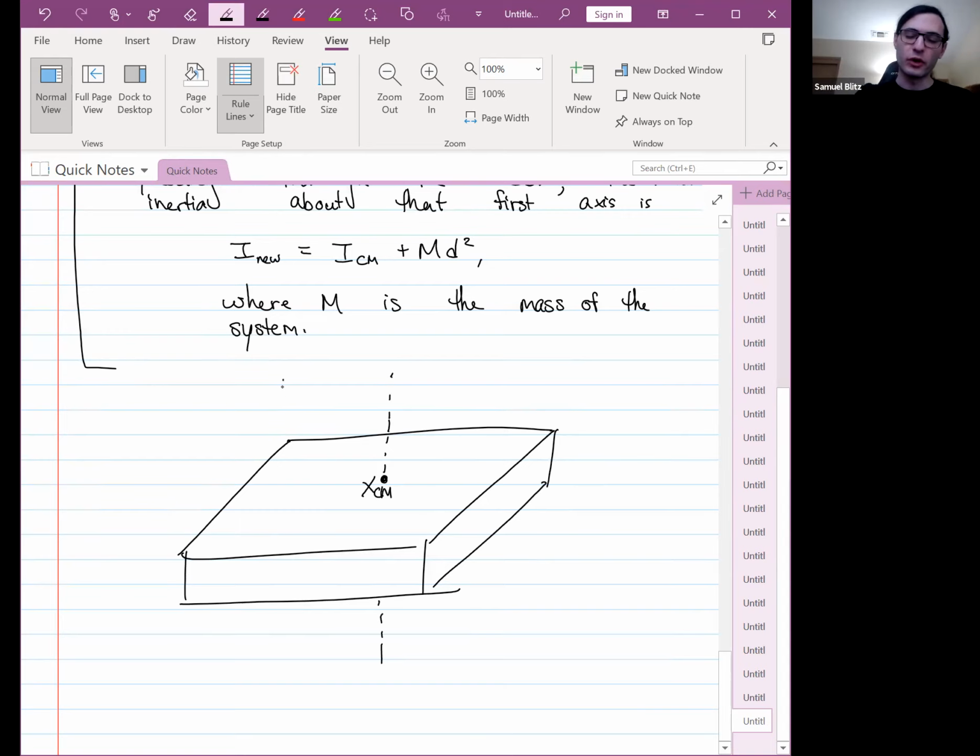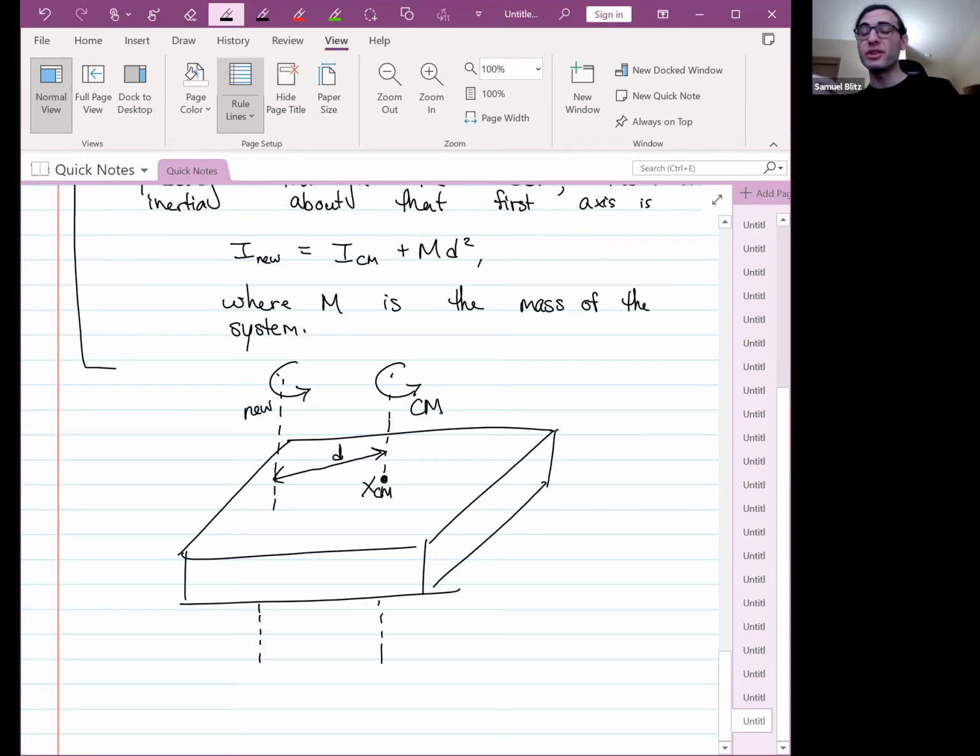Let's say we want the moment of inertia through this axis over here. So we would find the moment of inertia about the first axis, and then we would add m times d squared, where that distance is d, to get the moment of inertia about the new axis.